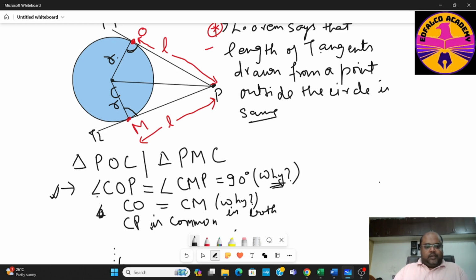Now you can see here, this is nothing but a right angle triangle. This is R. If the angle COP or CMP becomes 90 degree, then it becomes a right angle triangle, right? Both of these triangles are right angle triangles. And in the right angle triangle, CP is basically the hypotenuse, and CP is common. So you can say that CP is also equal in both the triangles, right?